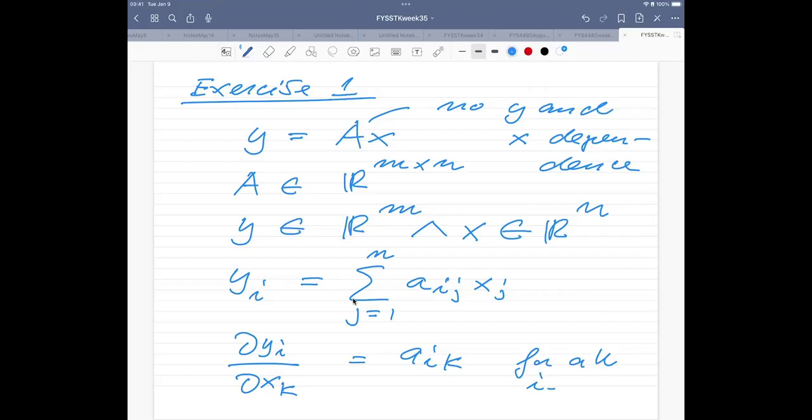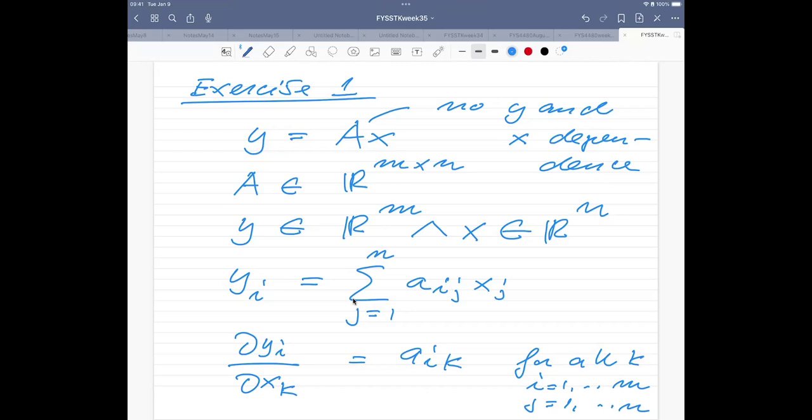i equals 1 up to m, and j for all k in this set here from 1 up to n. Does that sound okay? So if we now are thinking of the Jacobian matrix, which we had on the Jupyter notebook, this simply means that every dy_i/dx_k is actually an element of that Jacobian matrix.